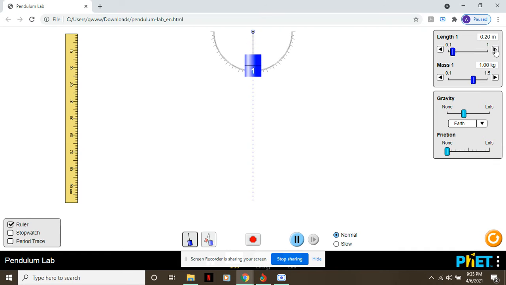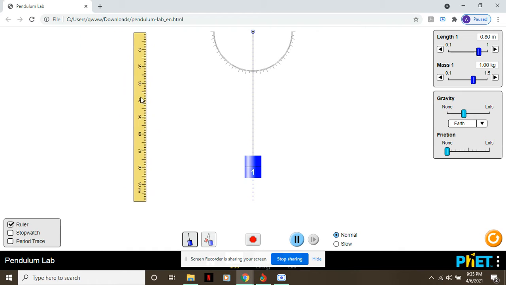So I'm going to set the length to 0.8. There we go.